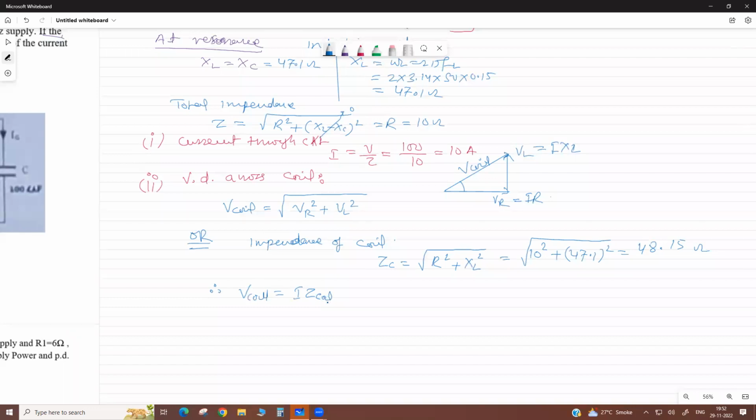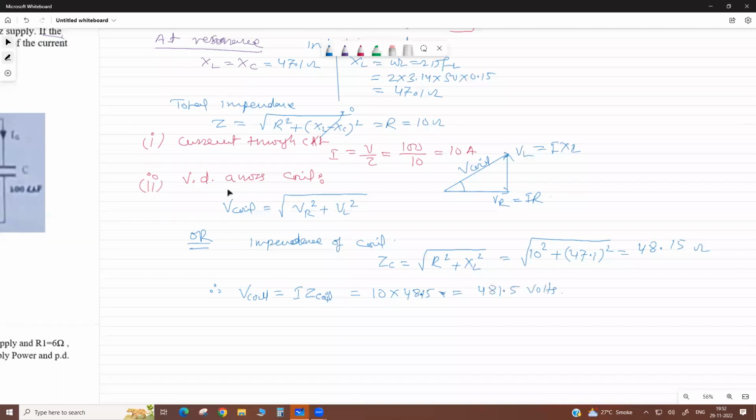I Z of coil, okay. Current is 10 ampere into 48.15, then it comes 481.5 volts.